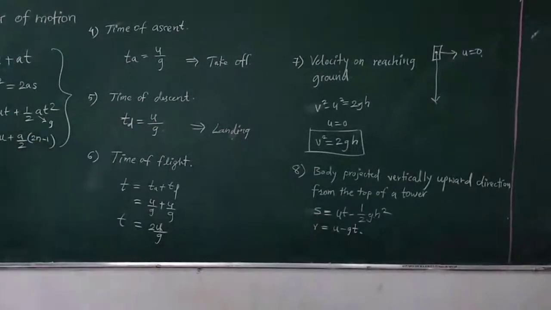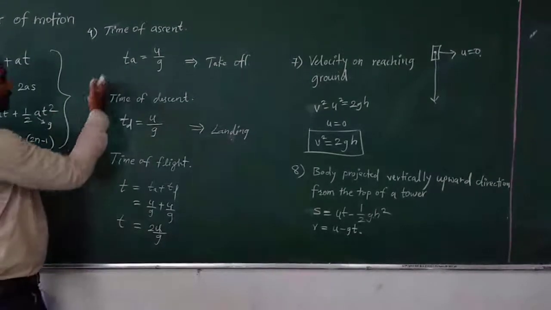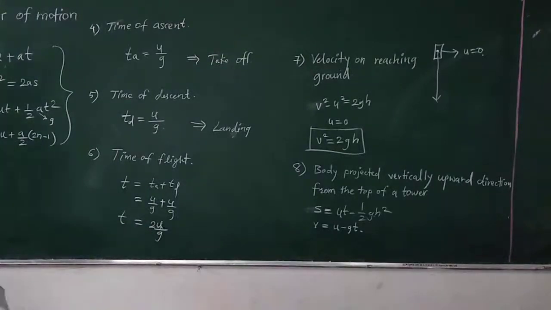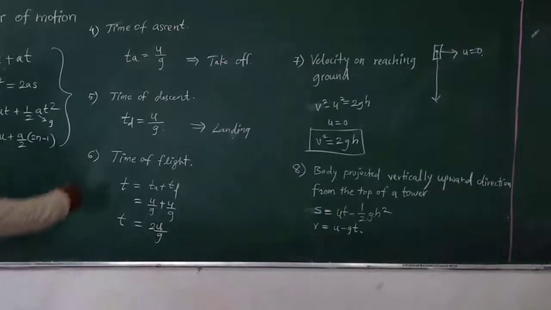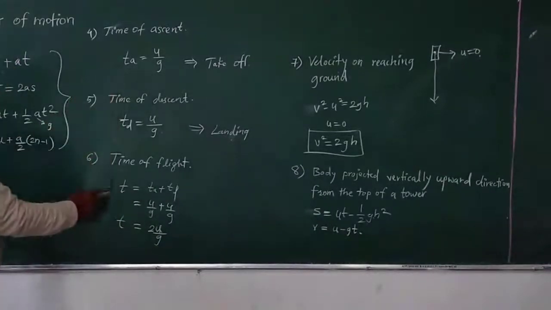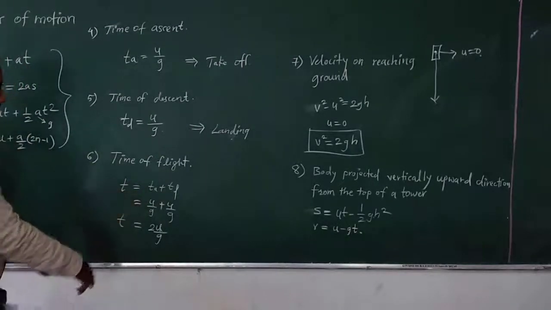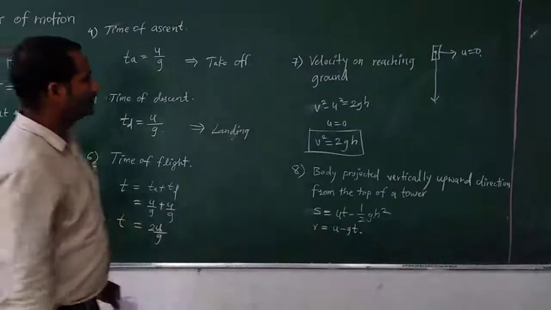So we have seen these four equations, and by using these four equations we can analyze the movement. Time of flight is time of ascent plus time of descent, so it is 2u by g.